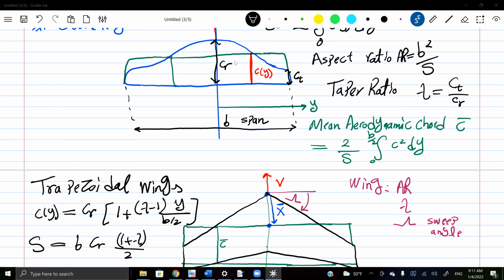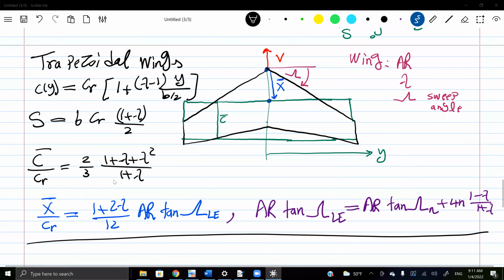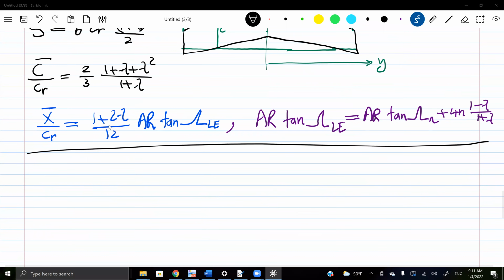What is in the fraction in the x bar definition? What symbol? I think I answered this question, or no? It's 1 plus 2 lambda over 12 aspect ratio tangent of sweep, I guess. Do you guys want to call it omega?